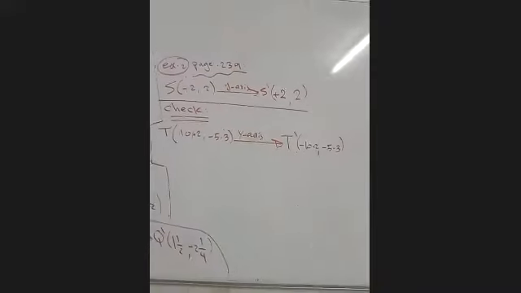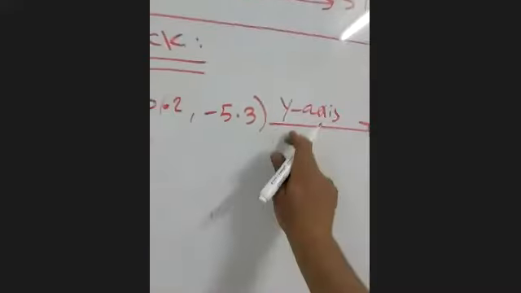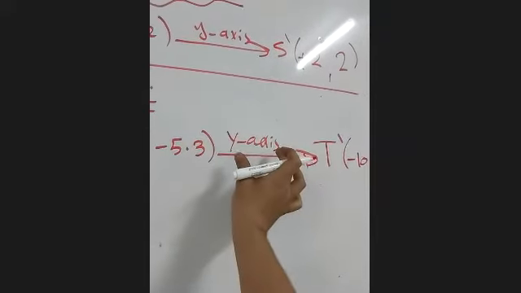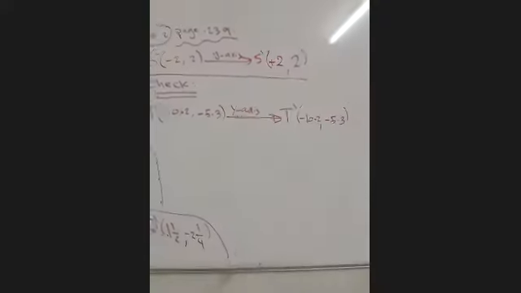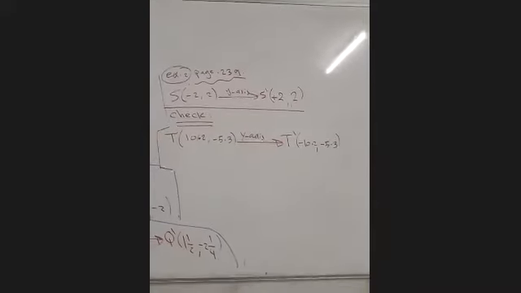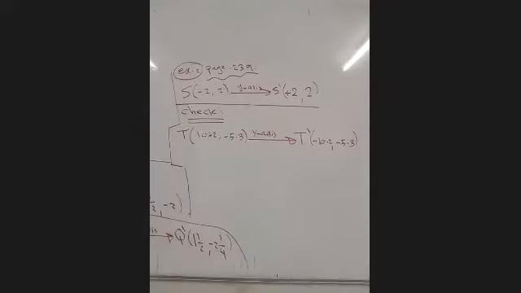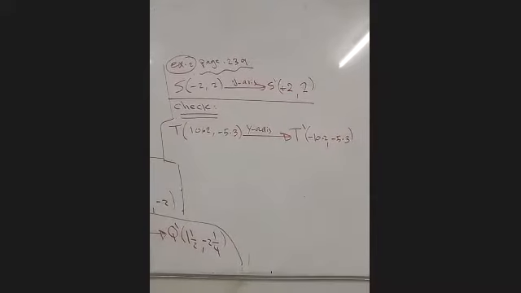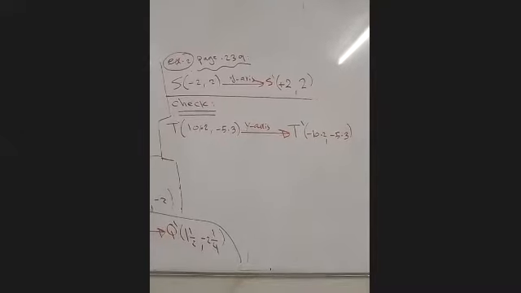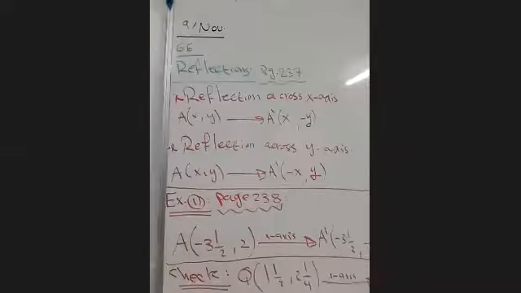This is the check. Do not write equal, guys. Again, it's an arrow, and write the type of the reflection on the arrow like this. Don't forget, guys, to write the formulas.